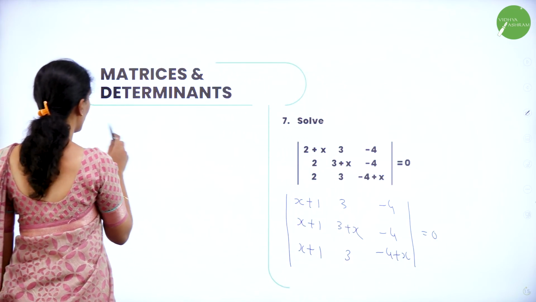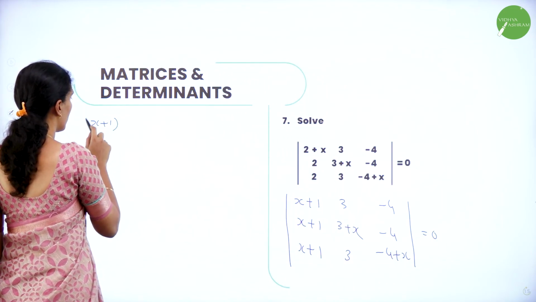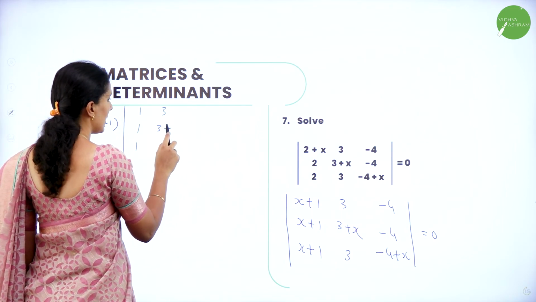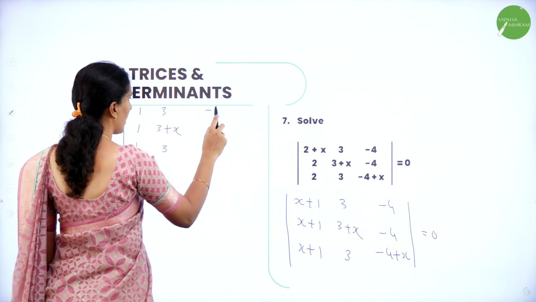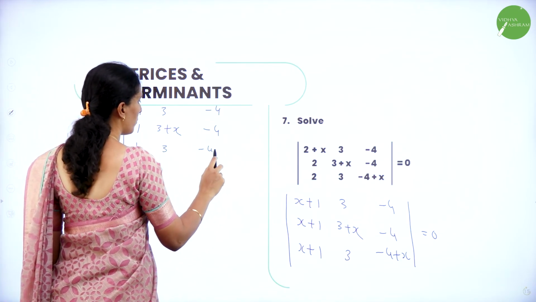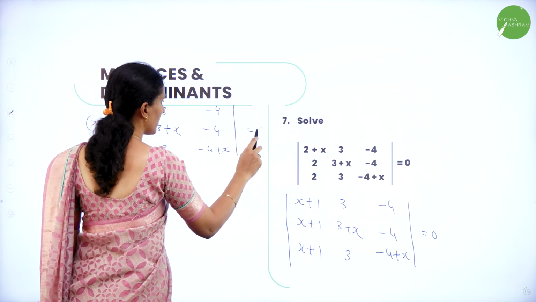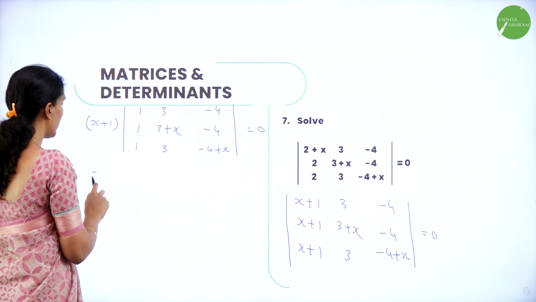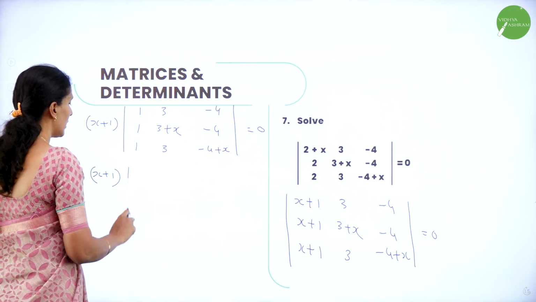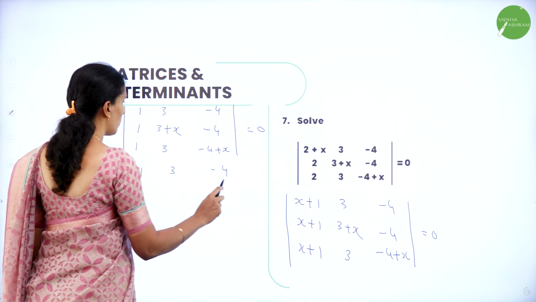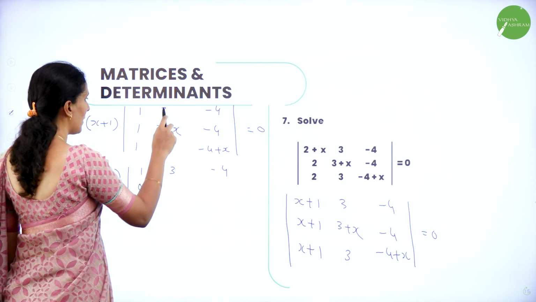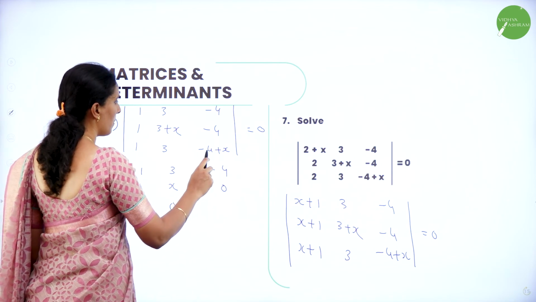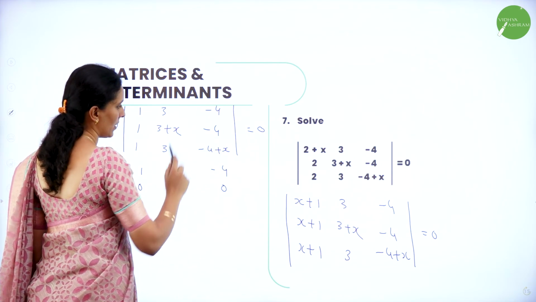Take x plus 1 as a common factor. Then we get 1, 1, 1, 3, 3 plus x, 3, minus 4, minus 4, minus 4 plus x is equal to 0. Now row operation R2 minus R1, R3 minus R1. x plus 1 is 1, 3, minus 4. Here 0, 3 plus x minus 3 is x, 0, 0, 0, minus 4 plus x minus 4.